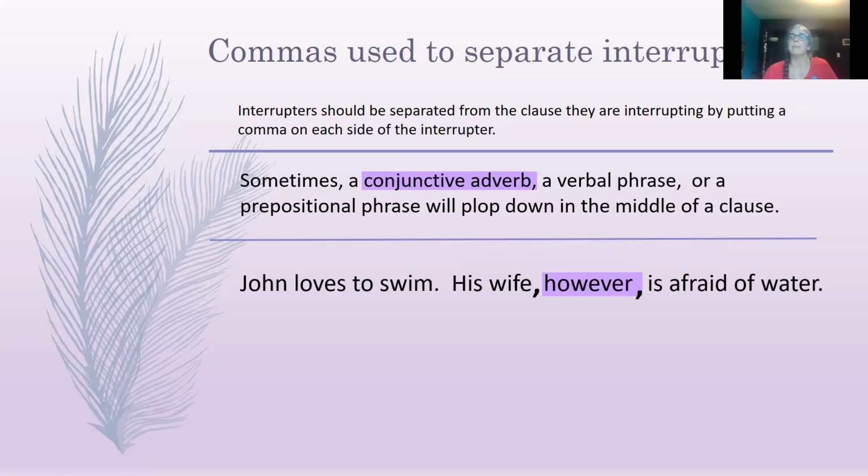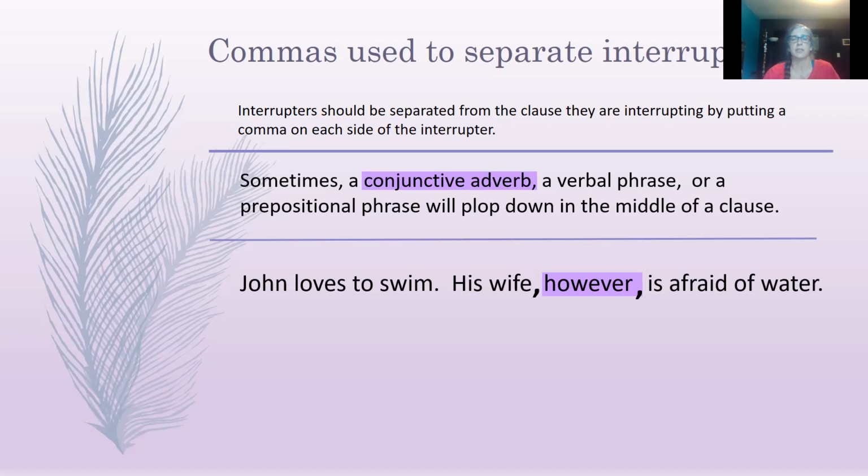Now, you may remember when we talked about connecting independent clauses, I cautioned you and our viewers that every time you see a word like however, don't automatically put a semicolon in front of it. We use that semicolon comma formula with conjunctive adverbs when we are connecting two independent clauses. We put a comma after however at the beginning of a sentence to introduce the independent clause.